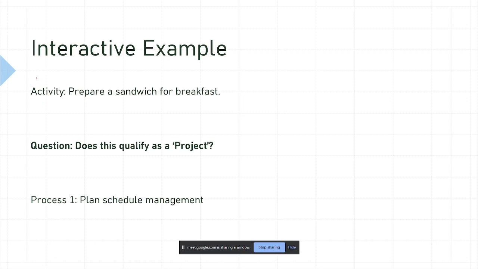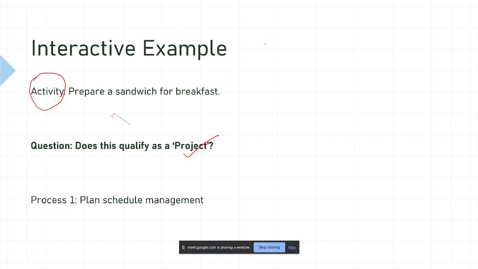Only one at a time. With that point of view, I have termed it as project. Okay. Yeah, that is absolutely acceptable. But I can see that this activity term is quite a misnomer here. It quite gives another idea. So, okay, we have agreed that it is a project and we want to prepare a sandwich.